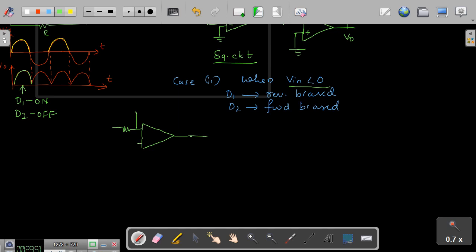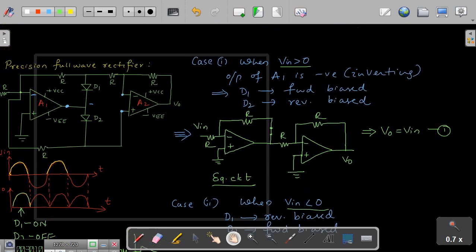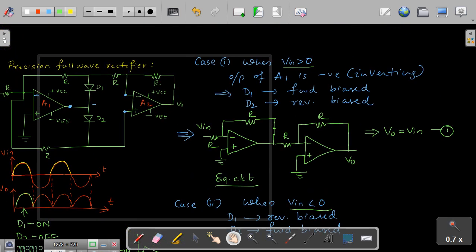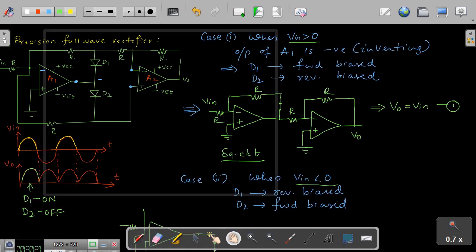This is connected to ground, and at this point R comes into the picture because my second diode is now acting as a short circuit. Now, when this D1 is open, these two resistors are in series, so that will become 2R.